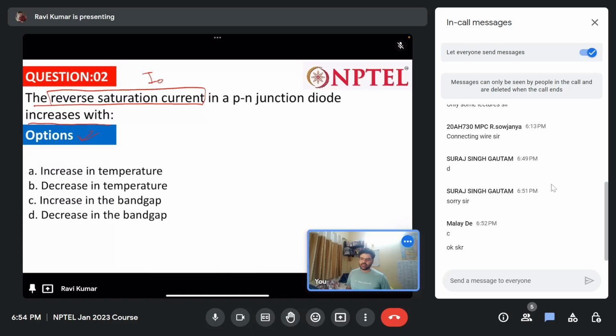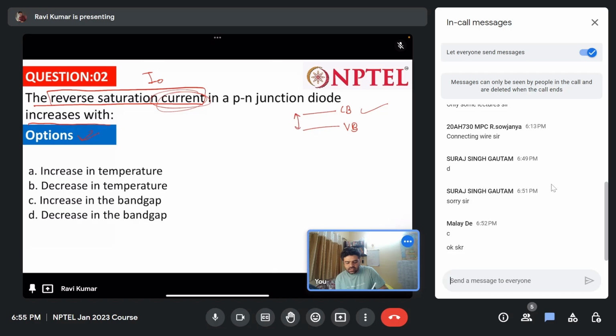Say something with temperature or band gap. See, I'll tell you one thing, very simple. Just go with the band diagram. This is the valence band, this is the conduction band. If there is some movement of charge carriers or flow of any kind of current, it is saying current. So when can current flow?